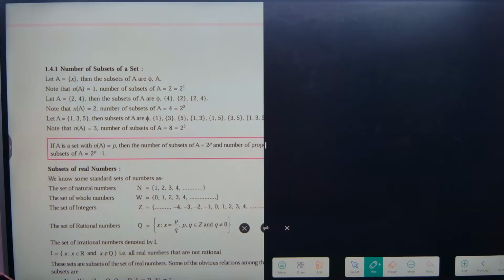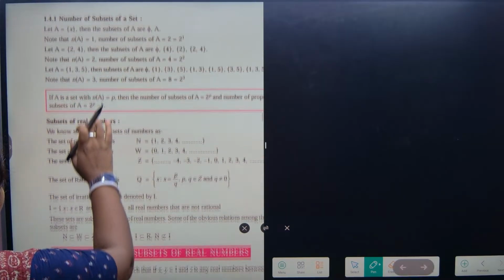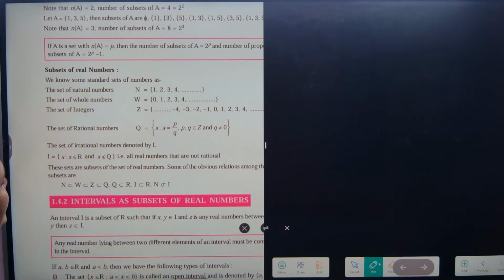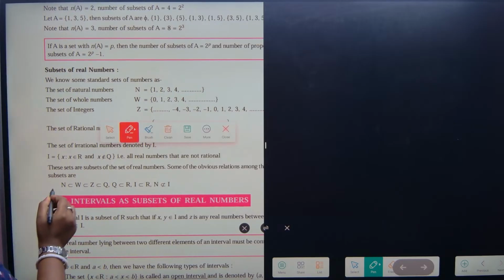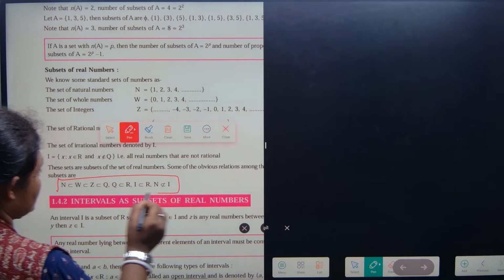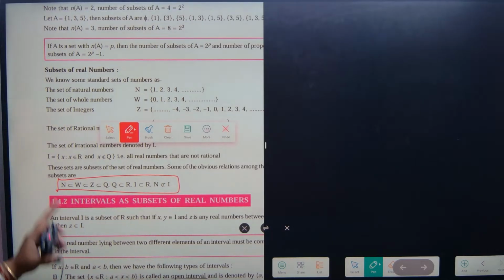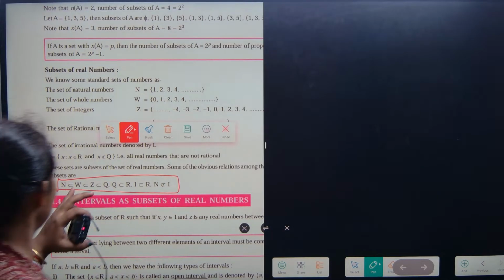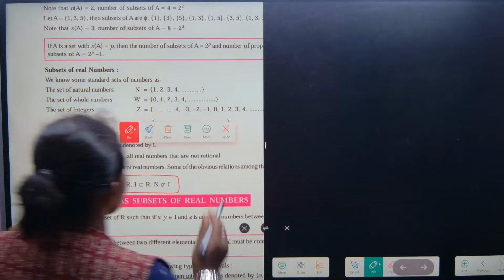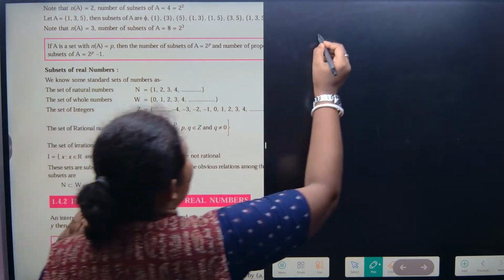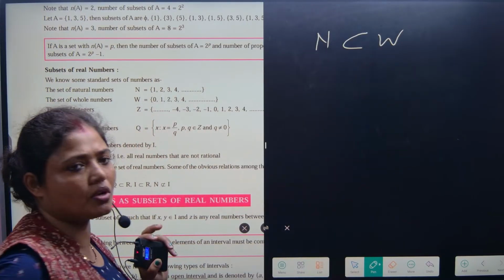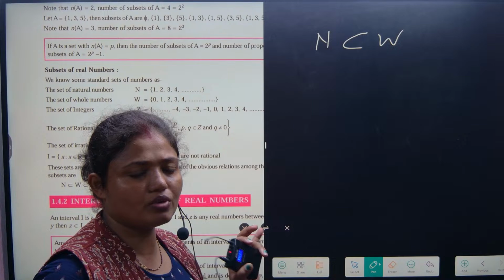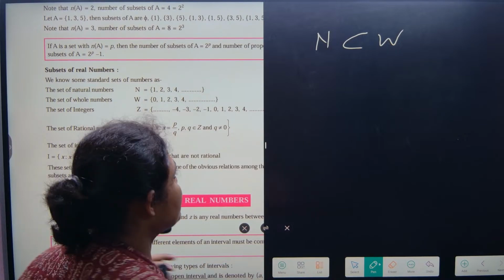So here see what we have, subsets of real numbers. You have to remember this. Natural numbers are a subset of whole numbers, because in whole numbers we have 0 extra, right? That's why.